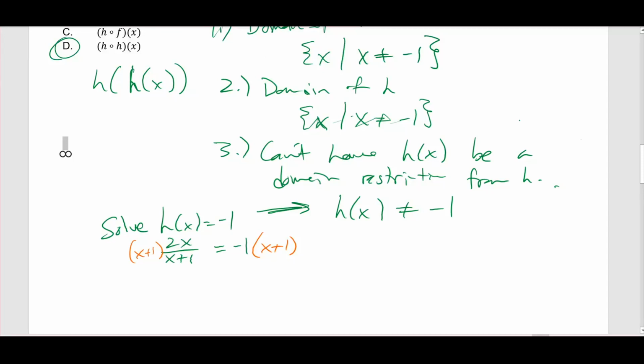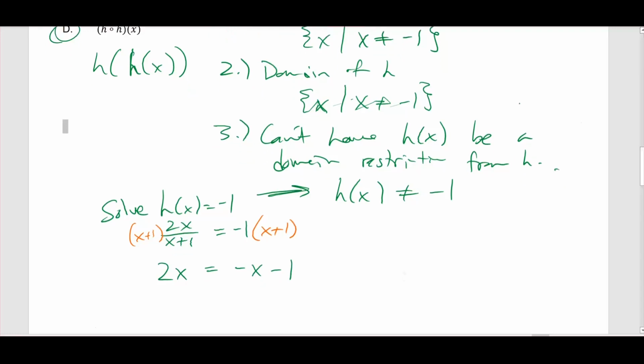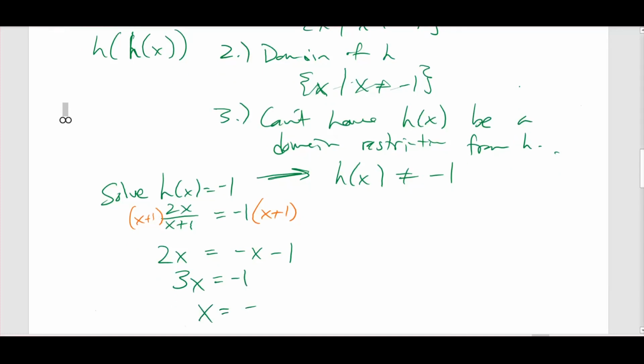So on the left-hand side, that denominator cancels out. We just have 2x. And on the right-hand side, we can multiply that -1 through. So we get -x minus 1. Okay, now we want to combine like terms, so adding the x to both sides. Now we can divide by 3. And here we have another domain restriction.